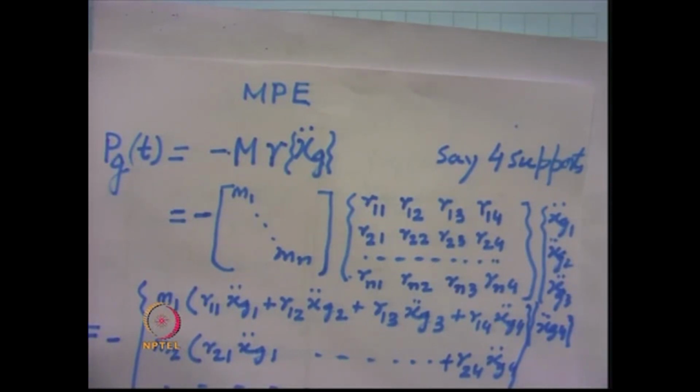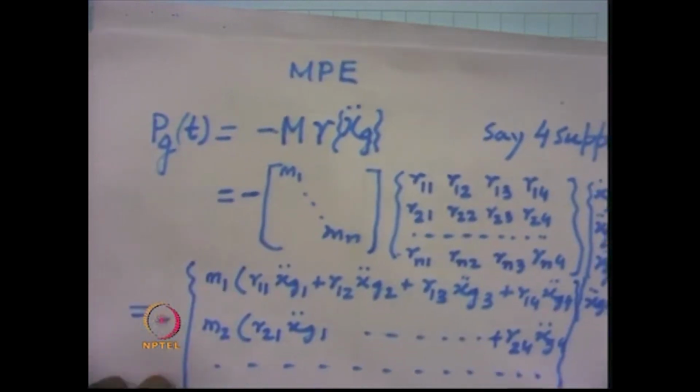Therefore, this particular vector is known. So, one can construct n number of time histories, and these would be the excitation vector.